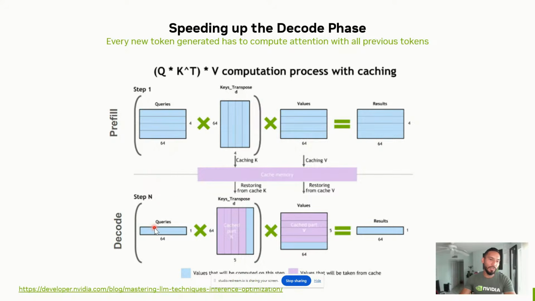So when I decode, instead of passing this newly generated token and all of my initial prompt again and reprocessing it, I'm actually just going to keep the K and V value matrices. Because when you go to compute your attention, the language model needs to understand how this new token that I just generated is related to all of the text that I had before. That's the sort of intuition you should have in your mind.